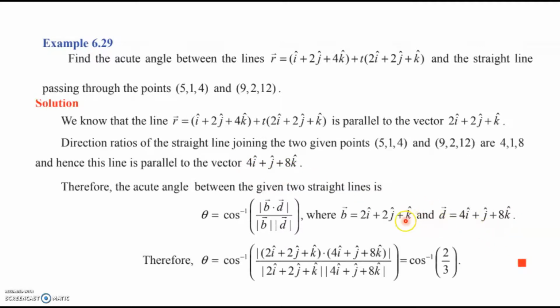So if you substitute the values of b1, b2 and b3 and d1, d2 and d3 into this place here, you get this. So your final answer would be cos inverse of 2 by 3, which is the angle theta.